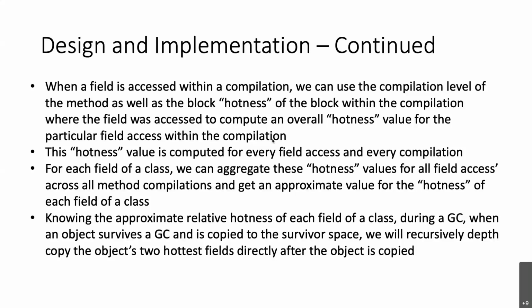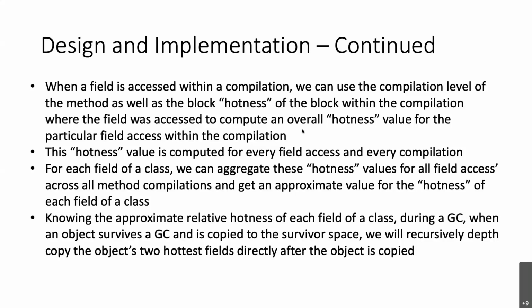So the aggregation is solely with regard to the block frequencies, but if you look at the information that's stored with the field after we've aggregated this block frequency, what we do is similar to what was implemented before in the old hot field implementation: we multiply this value by a factor.